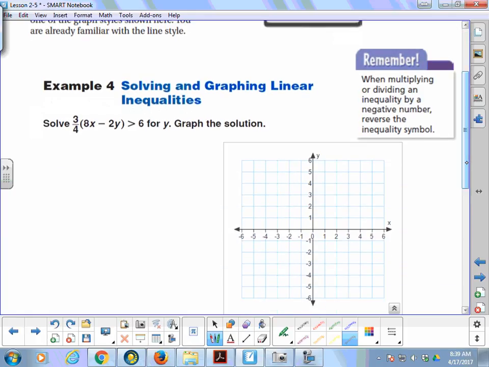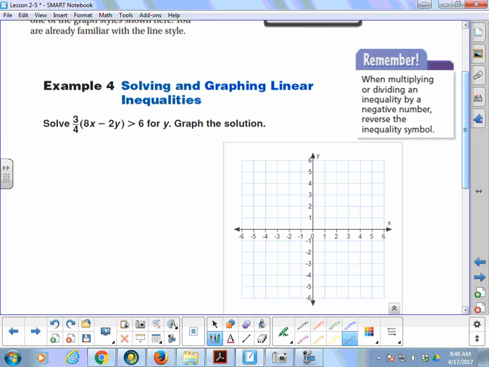So we are going to solve and graph here, but now it's a little bit more complicated. Now we've got to do a little bit of work before we're able to graph. I'm going to give you the option. If you want to do these in slope-intercept form, that's fine.